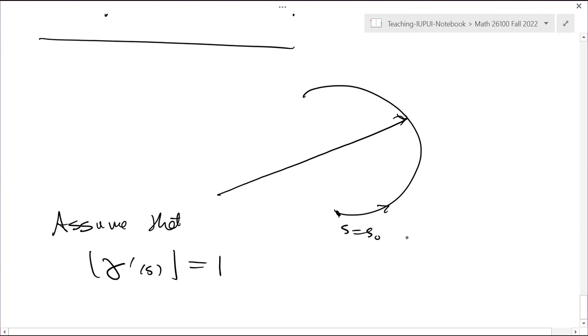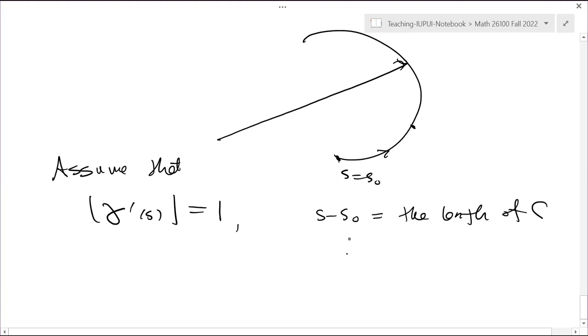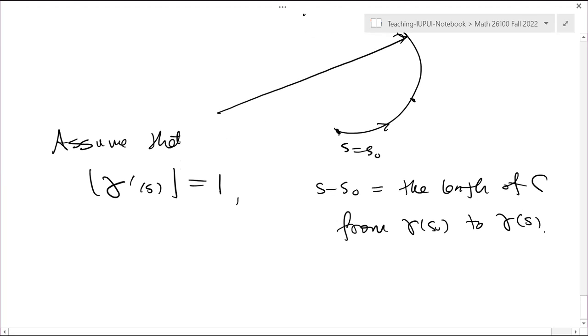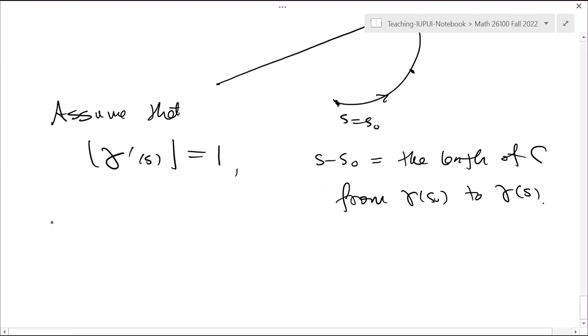So in this case, s minus s naught is going to be the length of the curve C from gamma s naught to gamma s. Since it's a unit vector, I'm going to let T be gamma prime s. Yeah, I'm going to use this.